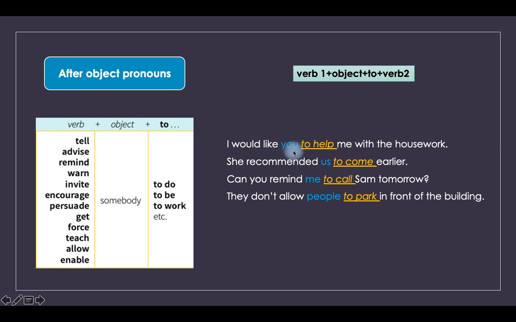You is the object pronoun. She recommended us to come earlier. Can you remind me to call Sam tomorrow? They don't allow people to park in front of the building. So these pronouns in blue are object pronouns, and they are always followed by infinitives, not by gerunds, but by infinitives.